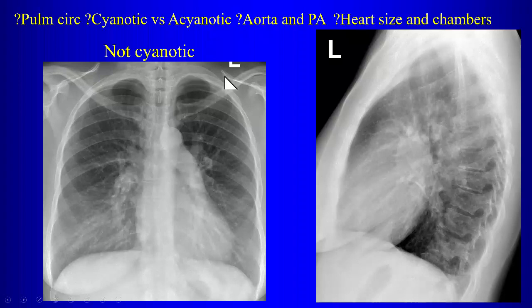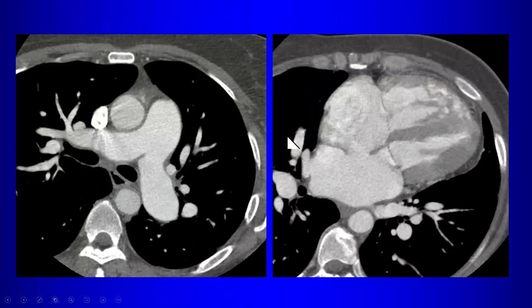What do you think? Yeah, it looks like maybe there's some right heart enlargement. Do you think the left atrium is big or not? So what do you go on? What's the answer? ASD. There's an atrial septal defect, and here you have your right heart enlargement.